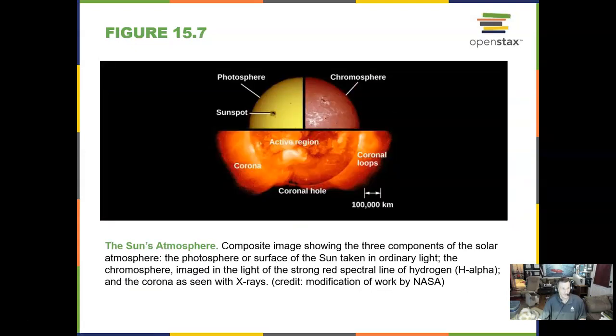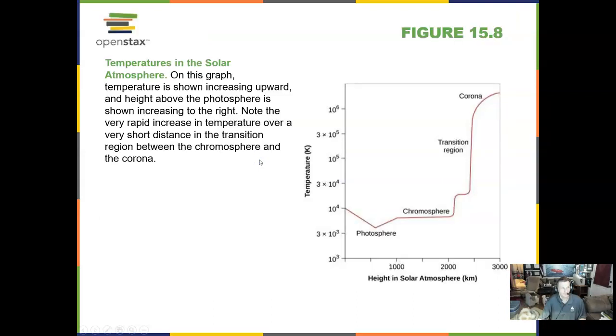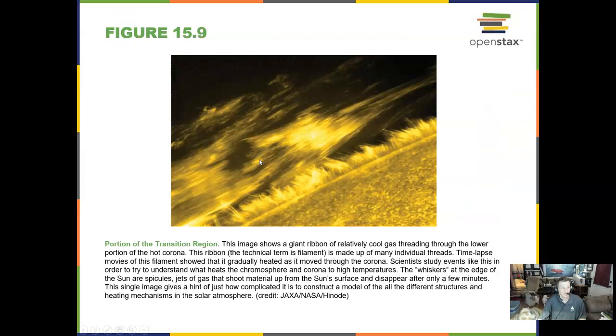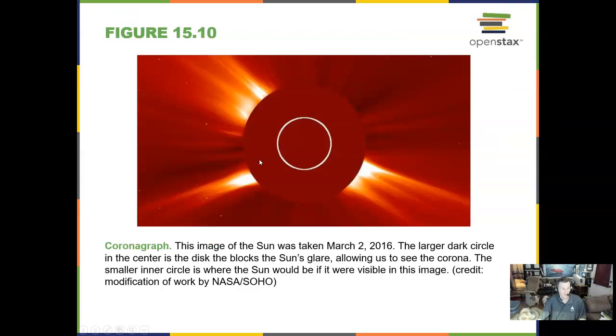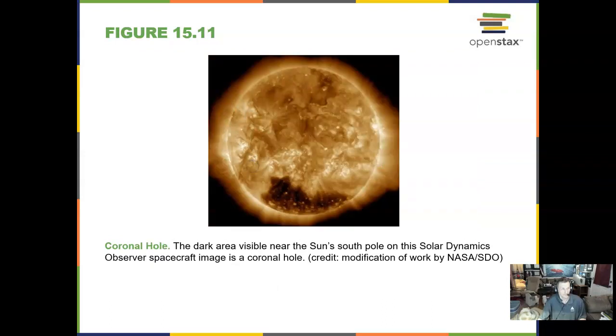Here we see the Sun's atmosphere in different wavelengths, and you can see how active it gets when you look the right way. A coronagraph is a picture of the Sun that blocks out the Sun disk to get the outer atmosphere, and we see that here from SOHO.